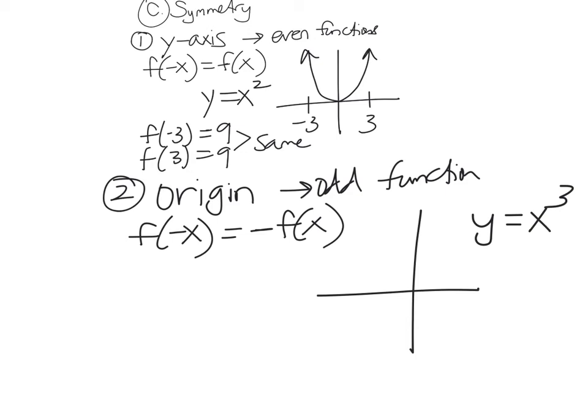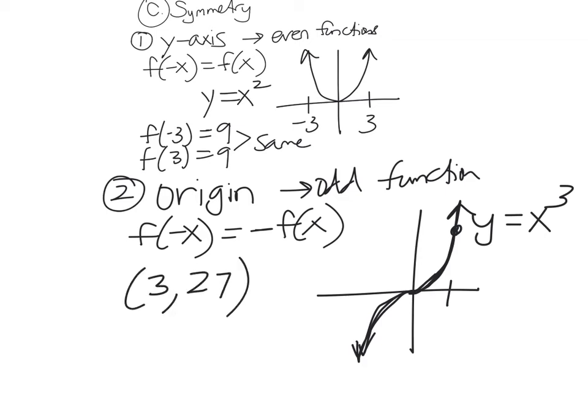It goes through 0, 0, sorry. Okay, this is symmetric. I don't like that graph at all. It's symmetric over the, ew, that's even worse. Sorry. It's symmetric over the origin. In other words, if I pick the point x equals 3, I get 27.